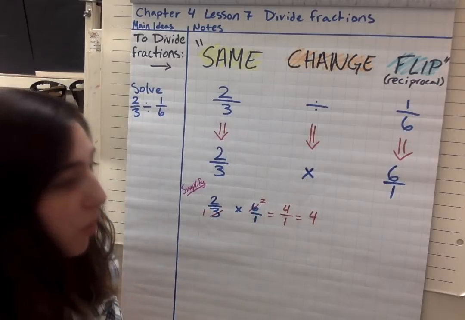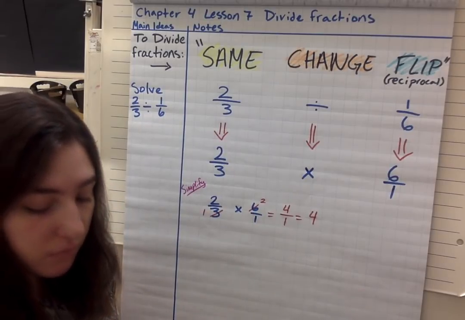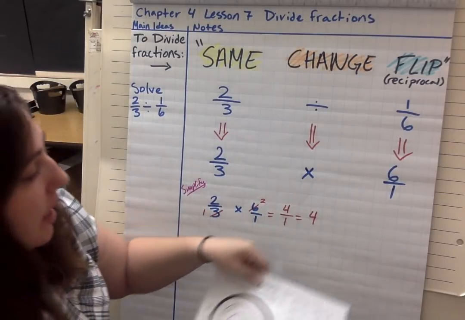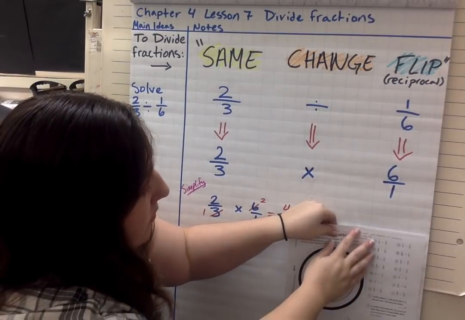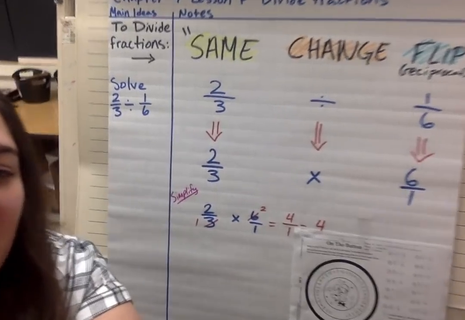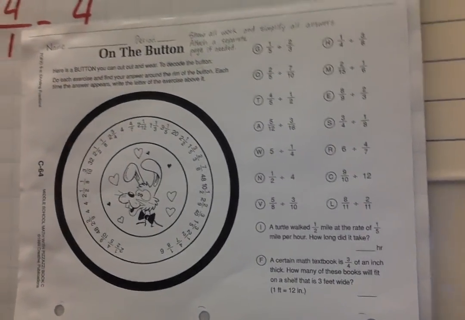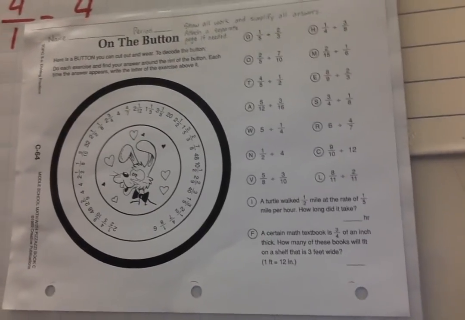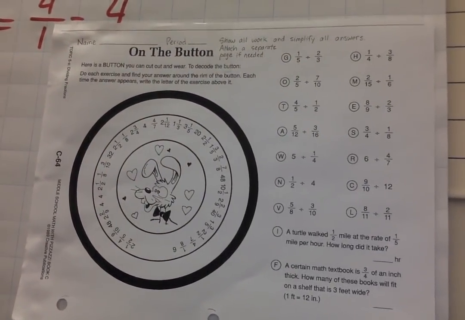So one more thing I want us to do, I just want to talk about the assignment we have to do today. So I'm just going to zoom in here so you can all see. Okay, so this is what it looks like. It's telling us to find the answers.